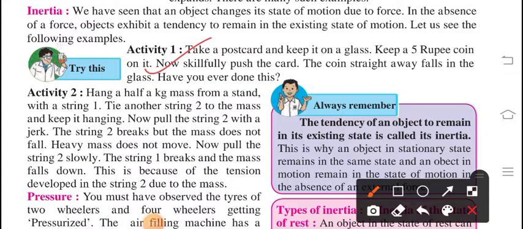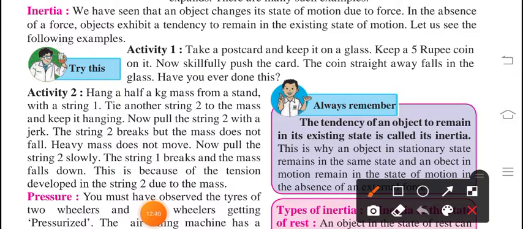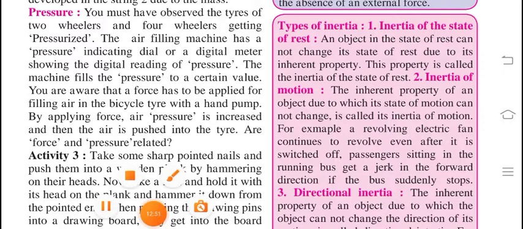Still the coin falls down because I pushed away the cardboard. All these things come under inertia. That is why, in the absence of force, objects exhibit a tendency to remain in their existing state of motion.